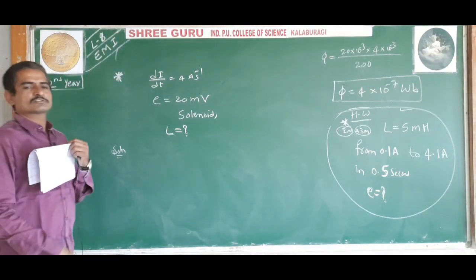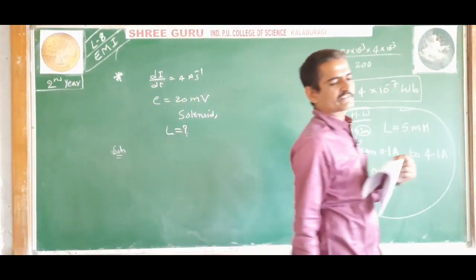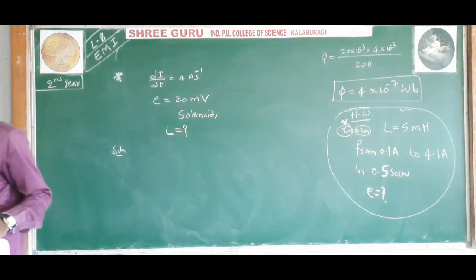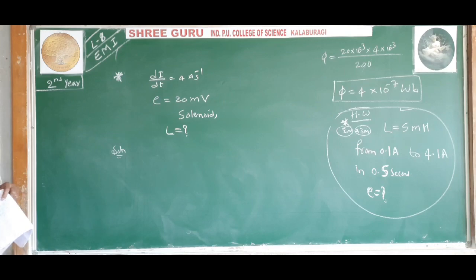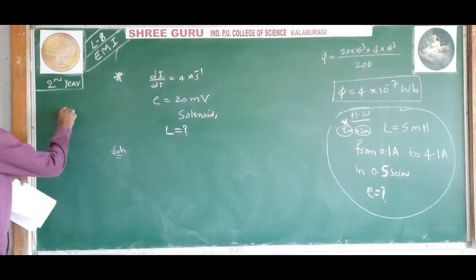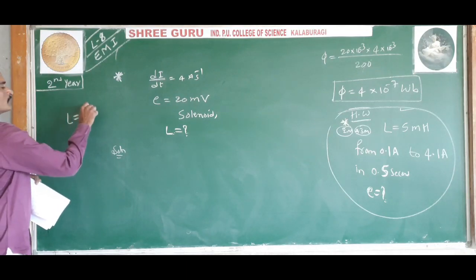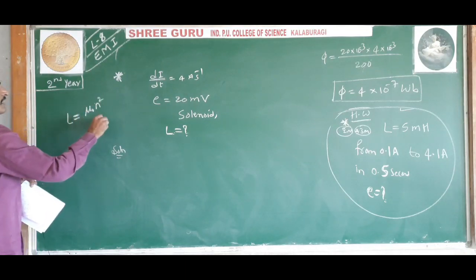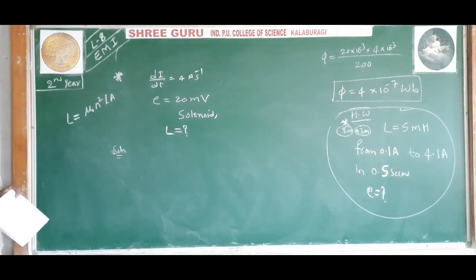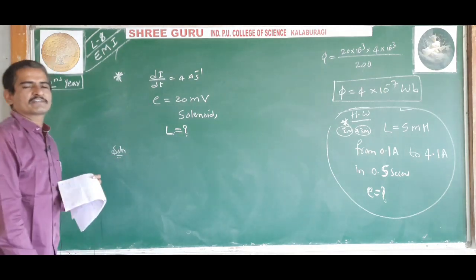Okay. So, we have already studied the formula for self-inductance of an air-cored solenoid. Understood? If you use that formula, you won't get the answer. That formula was L is equal to mu naught n square into l A. That is the self-inductance, but it is not required here.